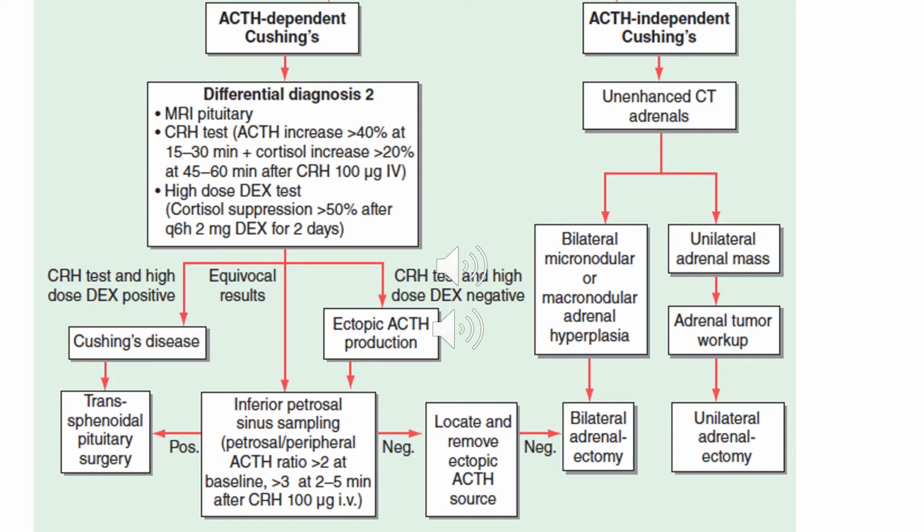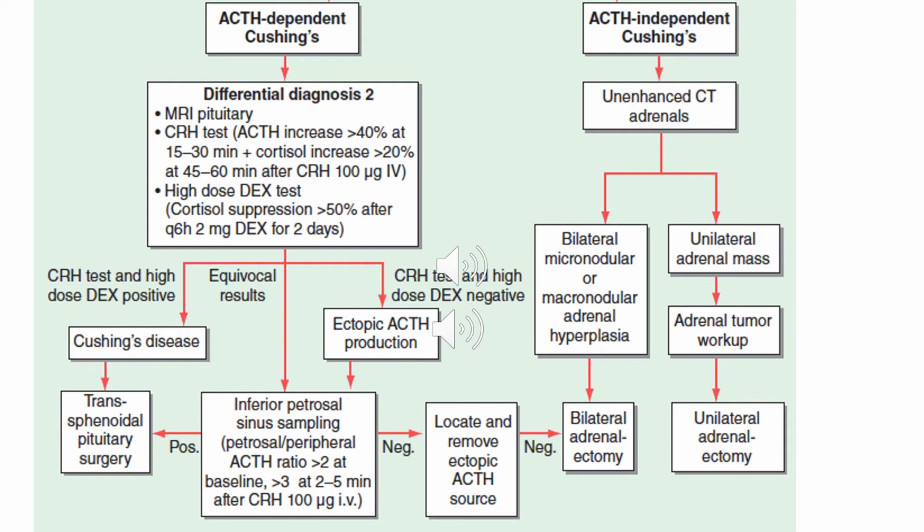On the other hand, if ACTH is suppressed, then we might be dealing with a case of ACTH-independent Cushing's. And having known that the most common cause of ACTH-independent Cushing's is adrenal adenoma, we request an enhanced CT scan of the adrenals for this patient.